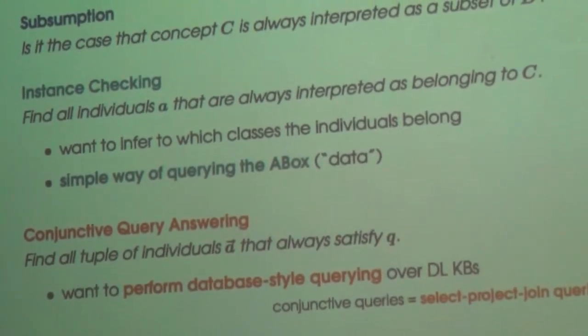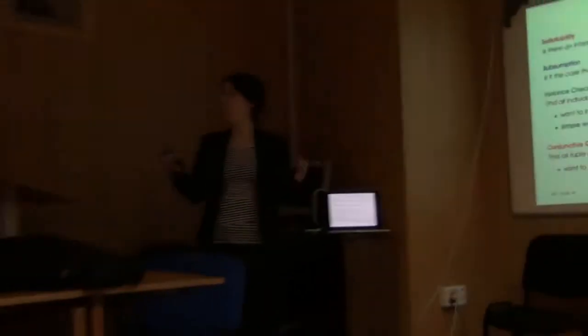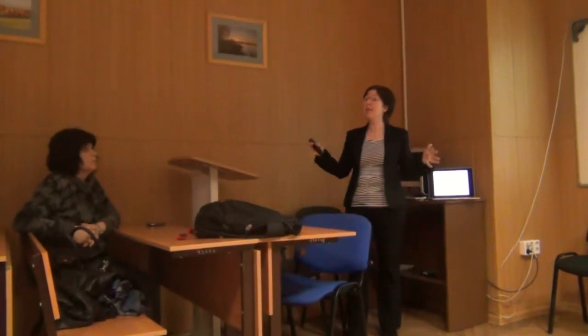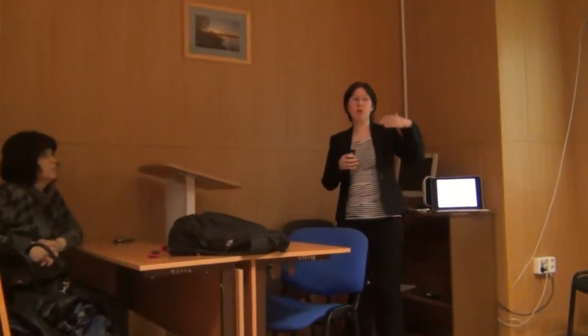So if we want to take basically a database, but which gives an incomplete description of the world, I have a bunch of facts, maybe really big, like a database nowadays. And then I want to add on top of it an ontology, because I want to be able to infer additional information using some background knowledge.